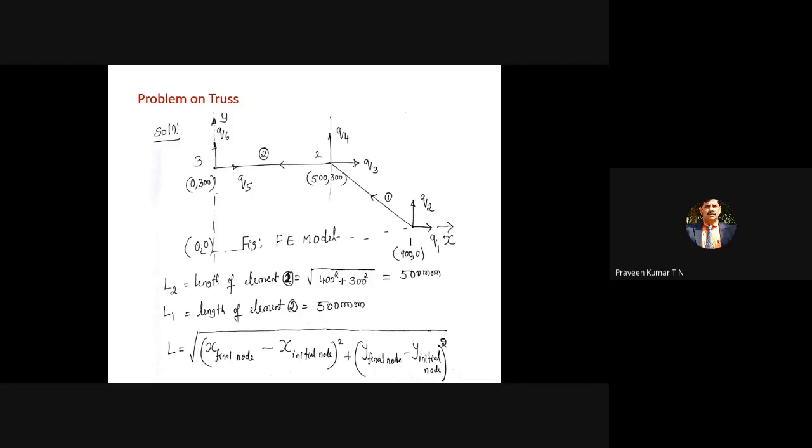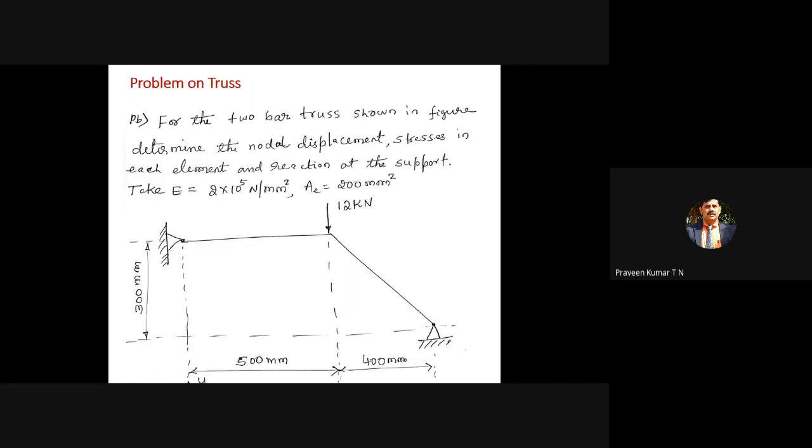At node 1, there are 2 DOF. Now I'm explaining the boundary condition. What about Q1? Node 1 is fixed here. When node 1 is fixed, Q1 is 0, and similarly Q2 is equal to 0.